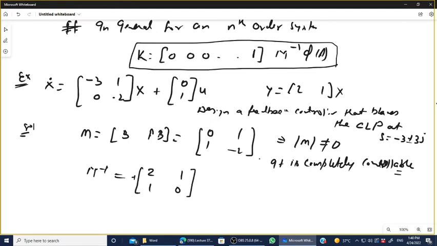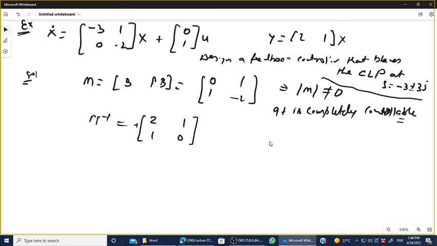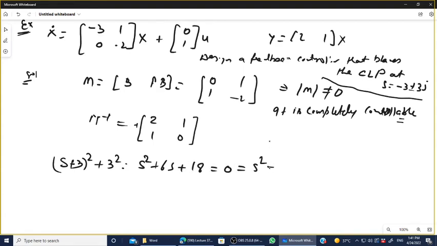Based on this desired specification, you may develop the characteristic equation, which is (s plus 3) whole square plus 3 square, that is s square plus 6s plus 18 equal to 0, or s square plus alpha 1 s plus alpha naught.